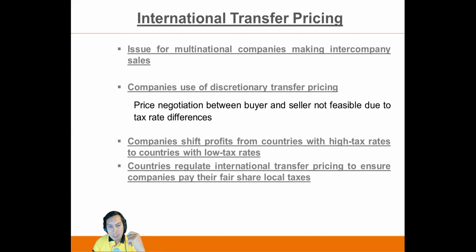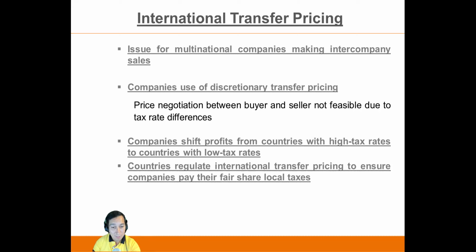Price negotiation between buyer and seller is not feasible due to tax rate differences. So we would have to find the best way to reduce taxes. Companies shift profits from countries with high tax rates to countries with low tax rates.